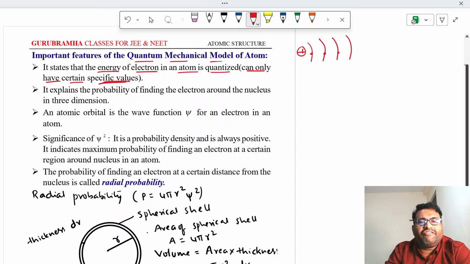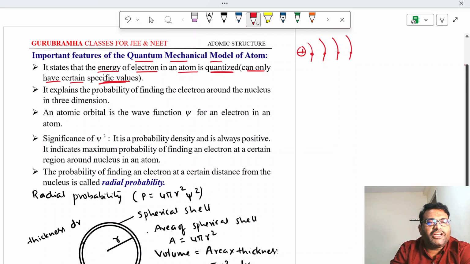The electron in that energy level possesses some energy, and that energy in that specific energy level is quantized. Quantization means having some specific values. So an electron in a specific energy level possesses some specific energy, that is called quantization.